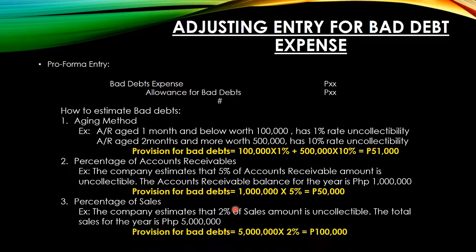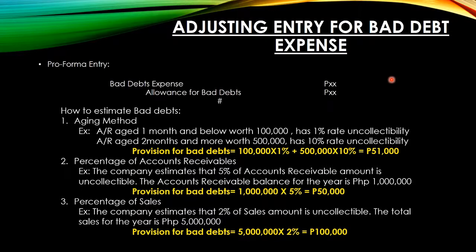So our provision is 100,000. So if we adjust this one, bad debt expense 100,000 and credit allowance for bad debts 100,000.